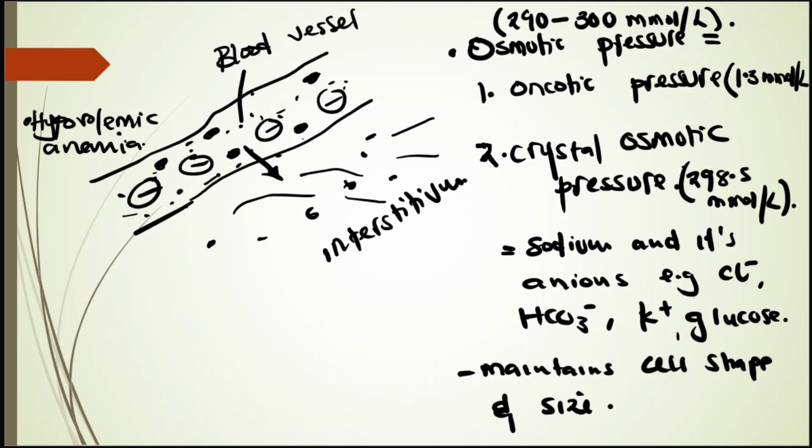Oncotic pressure, which just controls the movement of water between the blood vessel and the interstitium, is only 1.3 millimoles per liter. So this is very important to know about albumin. So that's all about albumin.